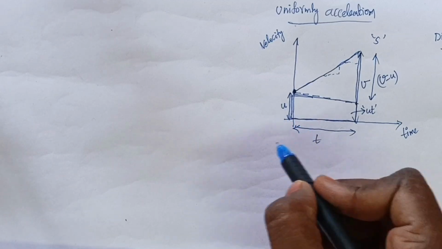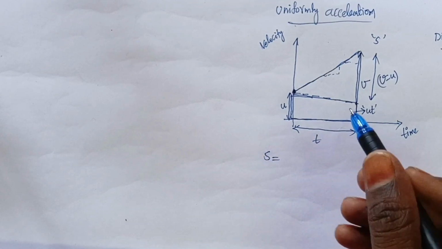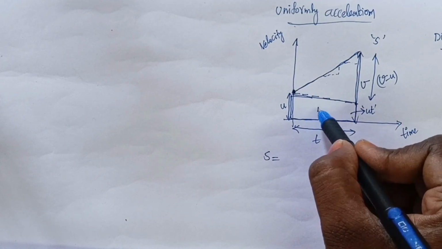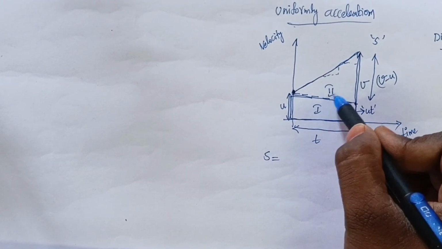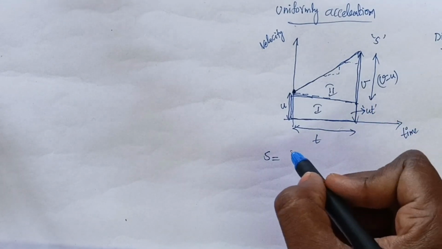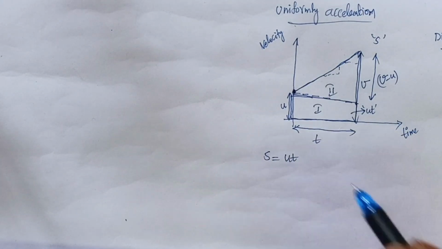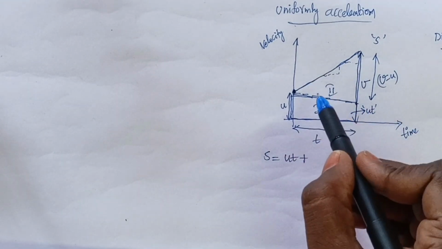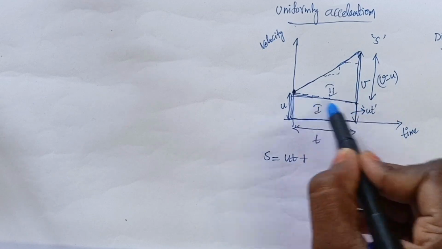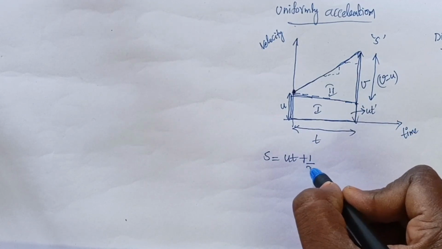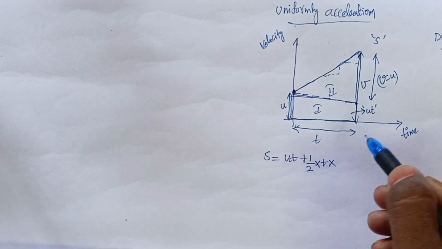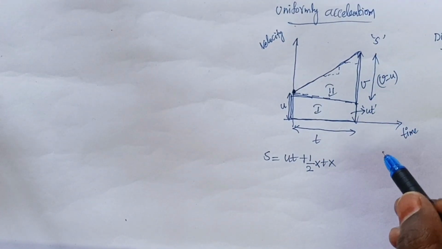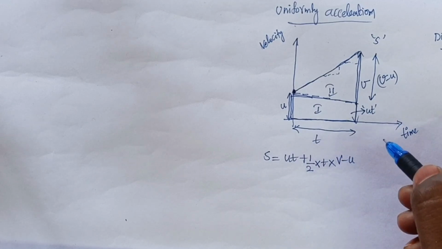Now let me find the displacement made by the particle. S is equal to the area of the first region plus the area of the second region. As it is a rectangular region, the area of the first region is u times t. Similarly, the area of the second region is half into base into height. For this triangle, the base is t, so half into t into the height, which is v minus u.